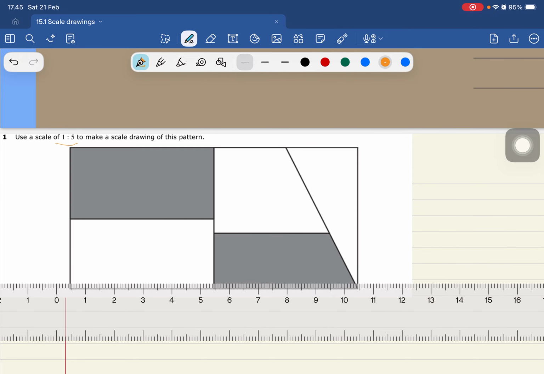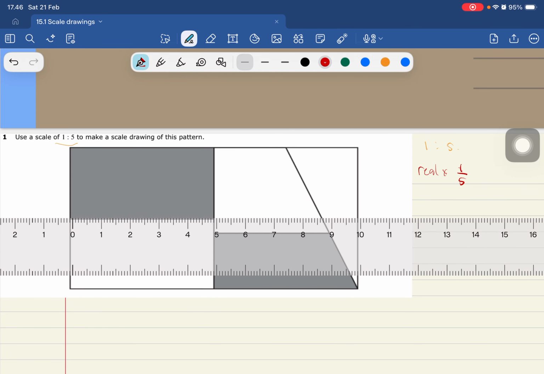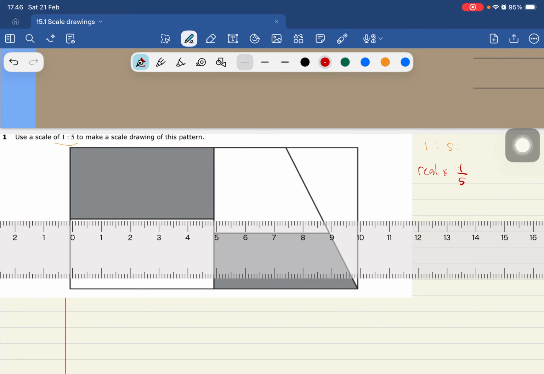Okay, how about the scale? Look at it, this is 1 to 5. In real life it is 5, so we can make it from the real life. We multiply by 1 over 5. As this is 5 centimeter, in the scale drawing it's going to be 1 centimeter.